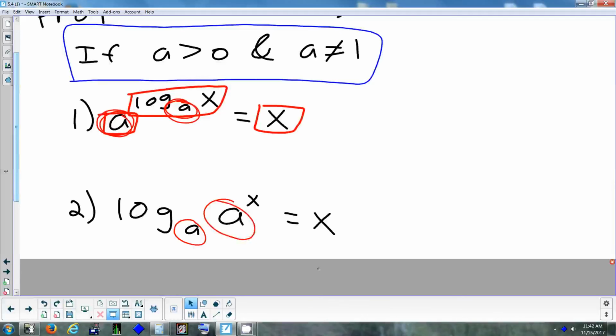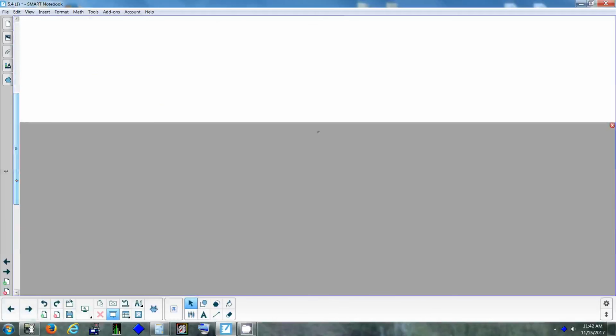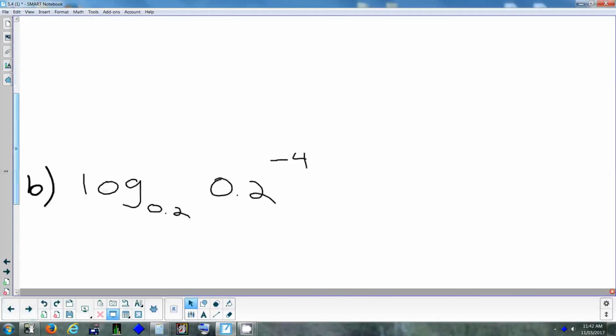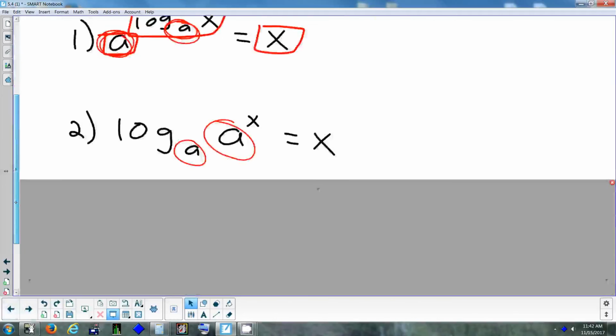Okay, what would that look like in a problem? It would look something like that. Those two things match. If they match, what happens is this cancels out, and the answer is whatever is right there. If they don't match, you can't use that rule.